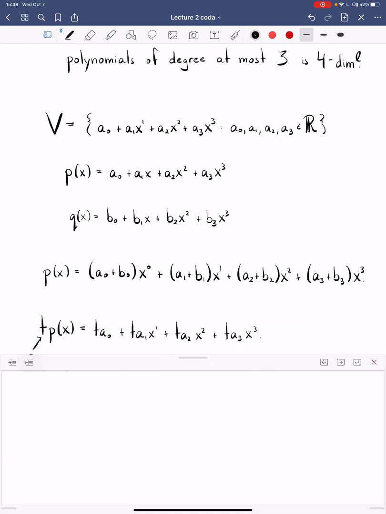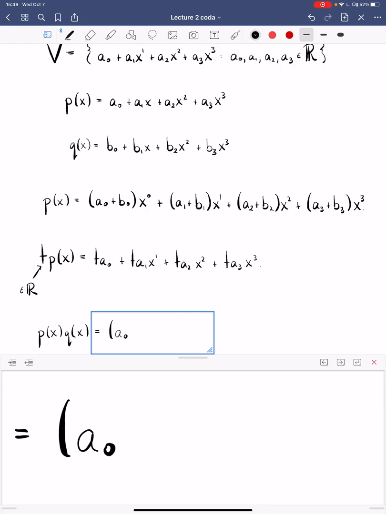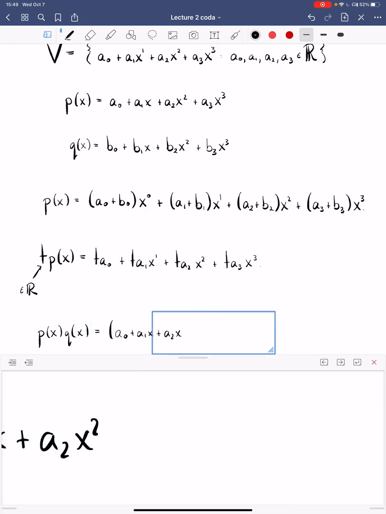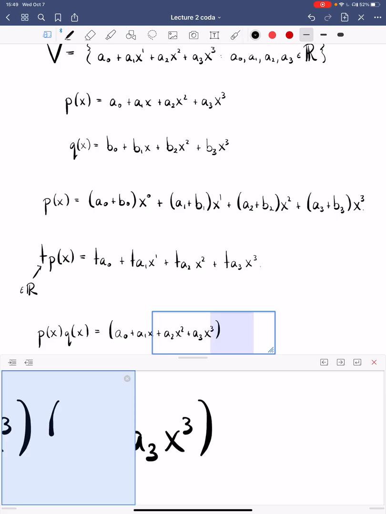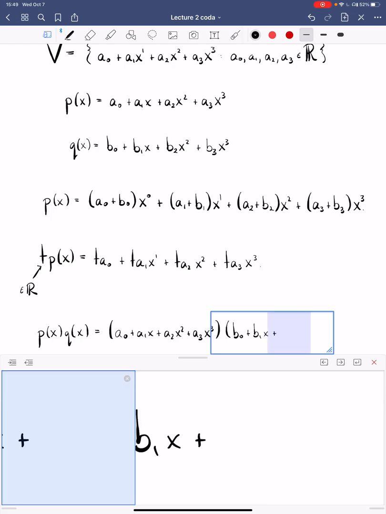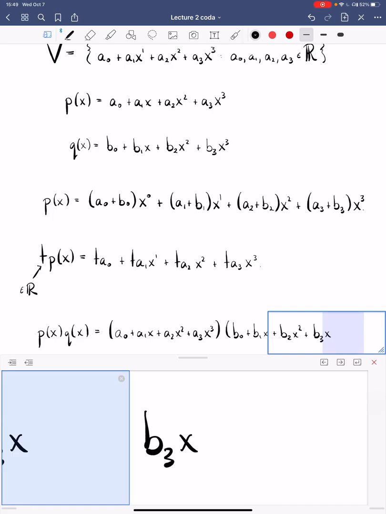You can also multiply polynomials together. You can write p of x times q of x. So what is that? That's a0 plus a1x plus a2x squared plus a3x cubed times b0 plus b1x plus b2x squared plus b3x cubed. And how do you evaluate this product?